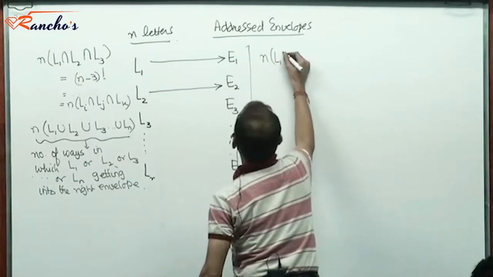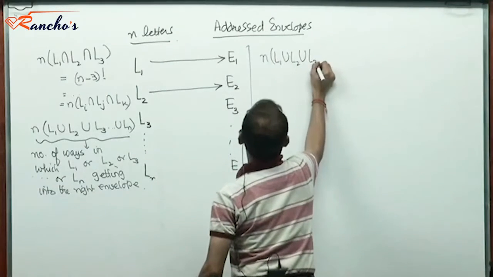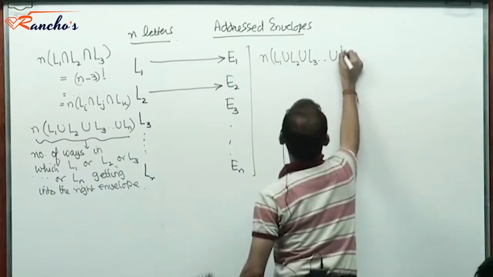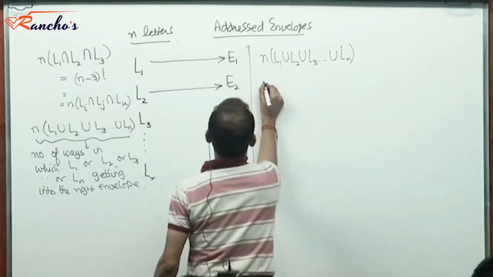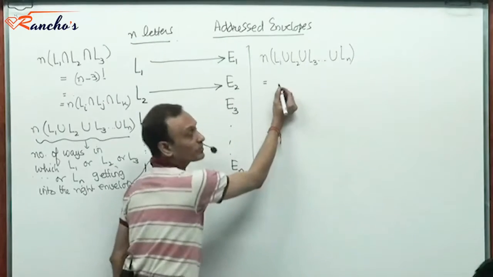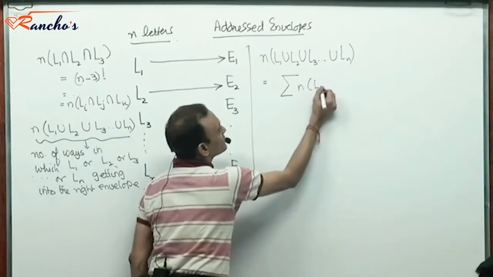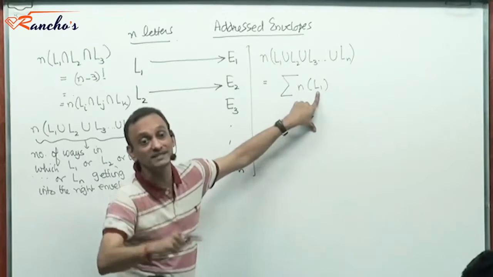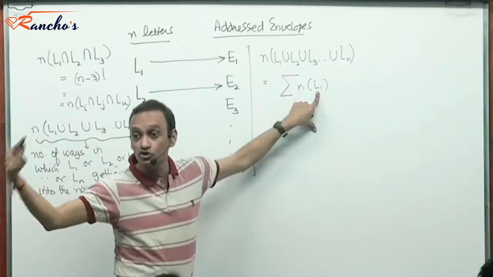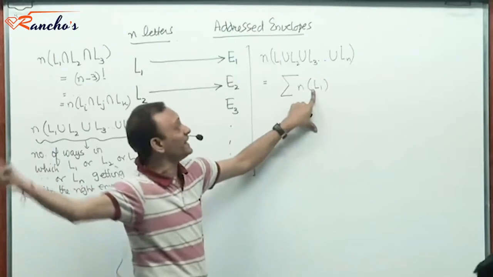The number of ways in which L1 or L2 or L3 or Ln get into the right envelope would be, from the principle of inclusion exclusion, the summation of the number of ways in which L1 gets into the right envelope plus NL2, the number of ways in which L2 gets into the right envelope, NL1 plus NL2 plus NL3 plus NLN.